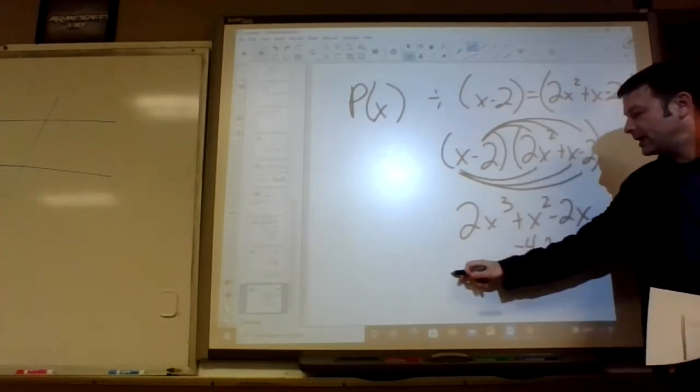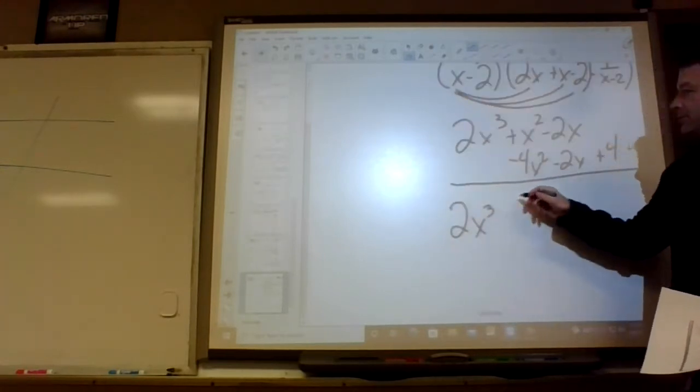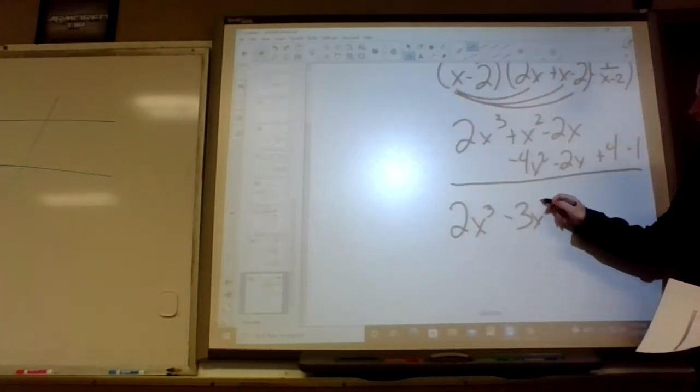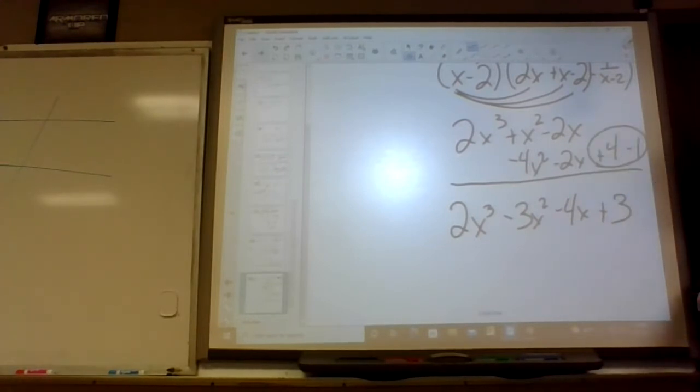And I'm going to add my like terms. 2x cubed minus 3x squared minus 4x plus 4 minus 1 is positive 3. Wait, how did you get the plus 3? Right there. Oh, wait.